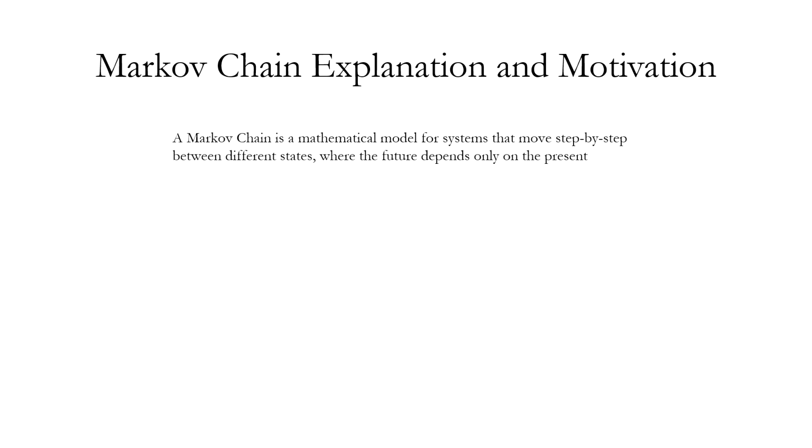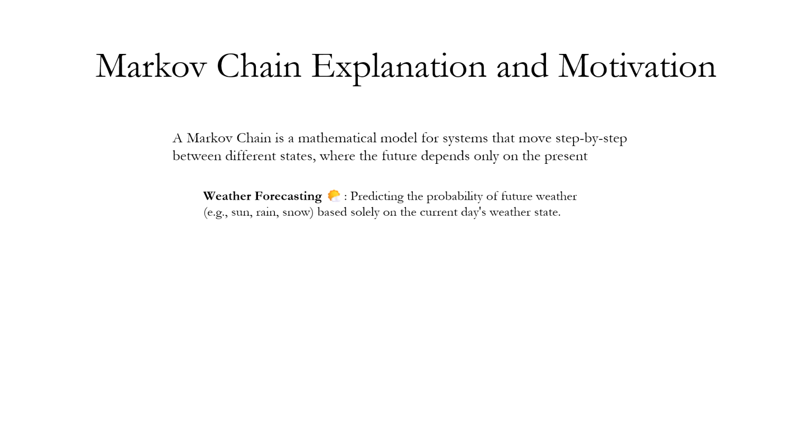So here's a Markov chain explanation and motivation. A Markov chain is a mathematical model for systems that move step by step between different states where the future depends only on the present. So for example, weather forecasting, you could predict the probability of future weather, sun, rain, snow, based solely on the current day's weather state.